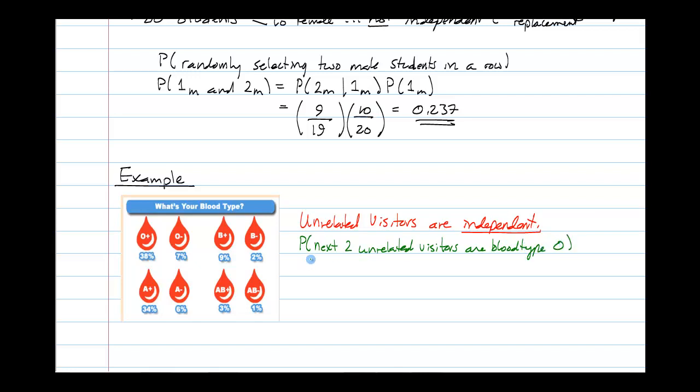So one way that we could look at this is the first visitor is O and the second visitor is O as well.